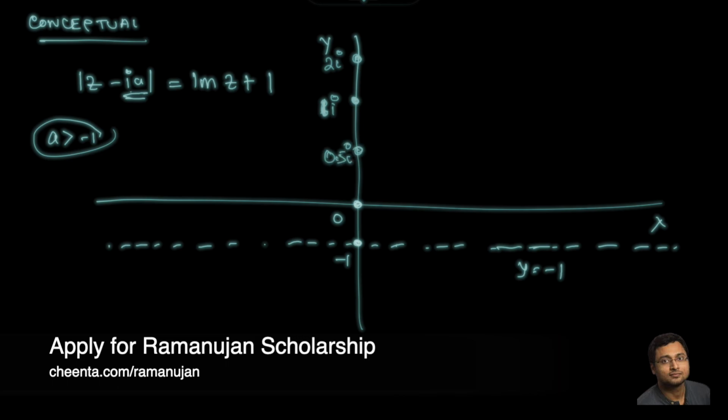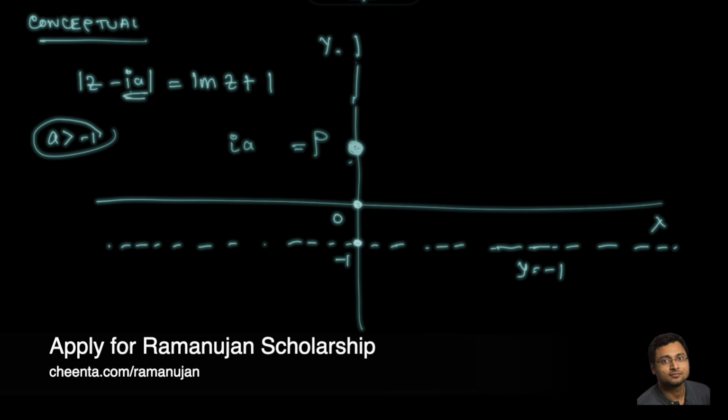So every point on the y-axis is i times some real number. So we have a point ia which is above this dotted line, because the value of a is greater than -1. So let's mark it here. Let's call this the point P, which is equal to ia.